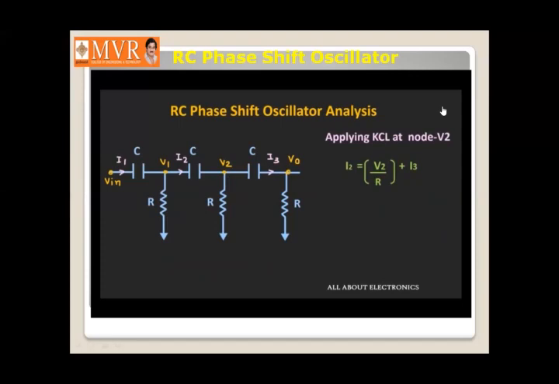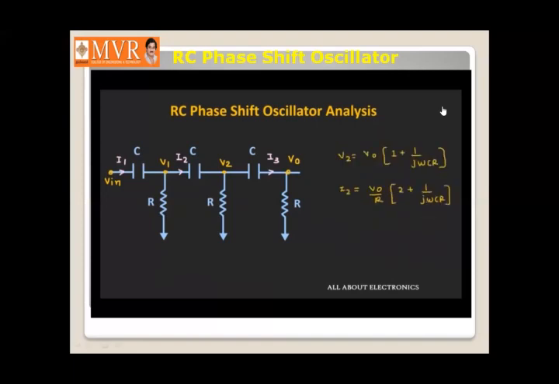Now we already found the value of this V2, and we know that I3 is equal to VO by R. So we can write the expression of I2 as VO by R into 1 plus 1 by j omega CR plus VO by R. And if we simplify it, then we can write VO by R multiplied by 2 plus 1 by j omega CR. So in this way, we got the two expressions of V2 and I2 in terms of the output voltage.